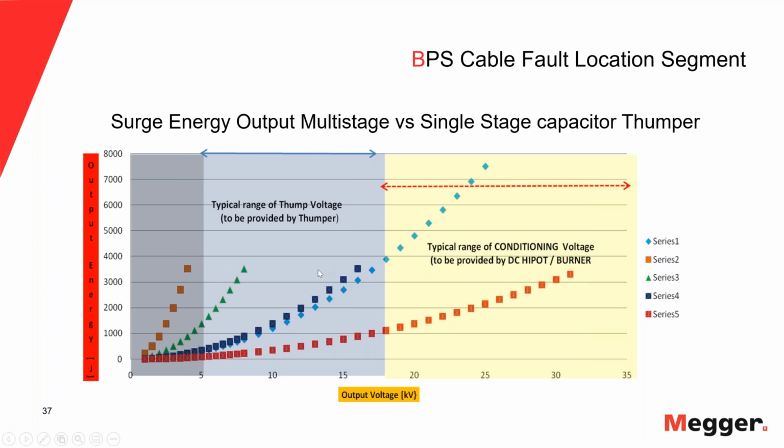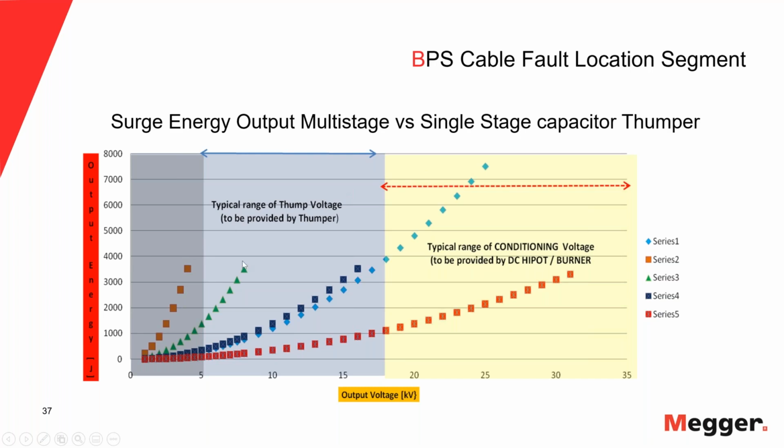All right. In contrast, today you have more and more multi-stage capacitor thumpers. And you can see here an 8, 16, and 32 kV thumper. If you look at that, we have absolutely less energy than the 7,500 joules from that other thumper.